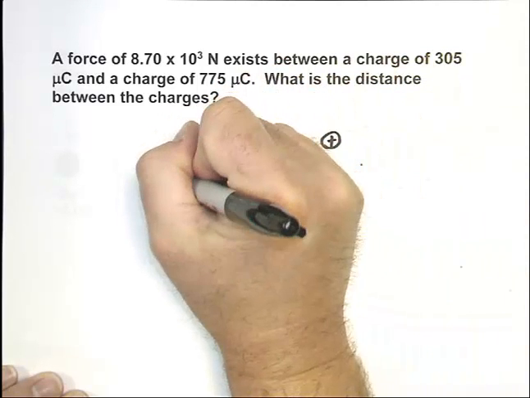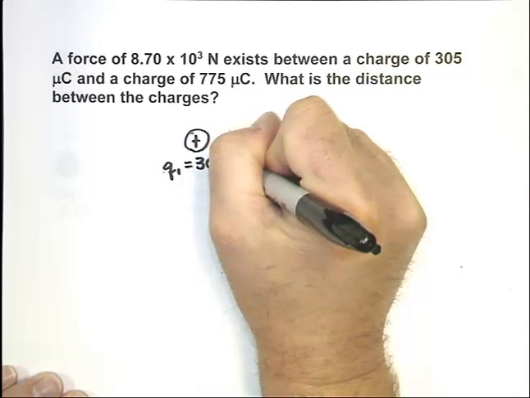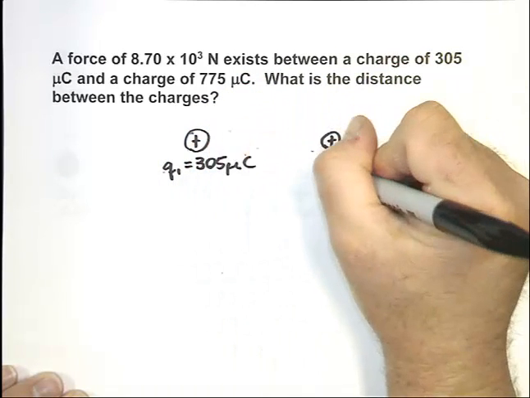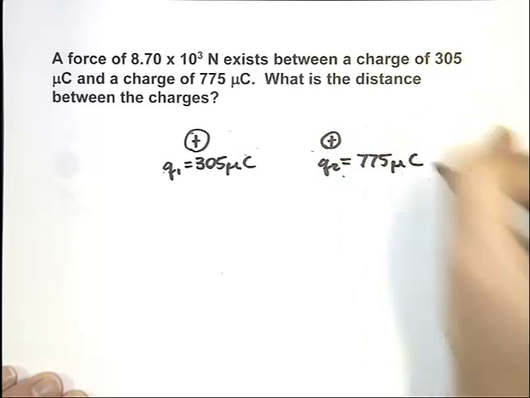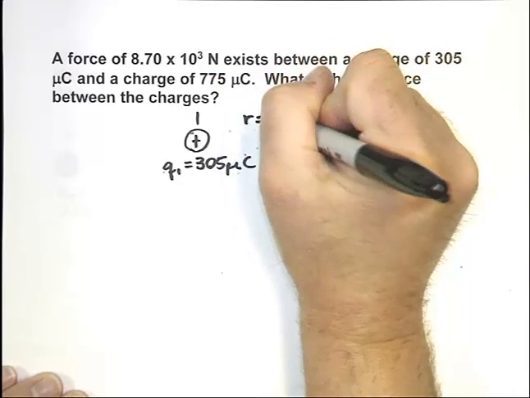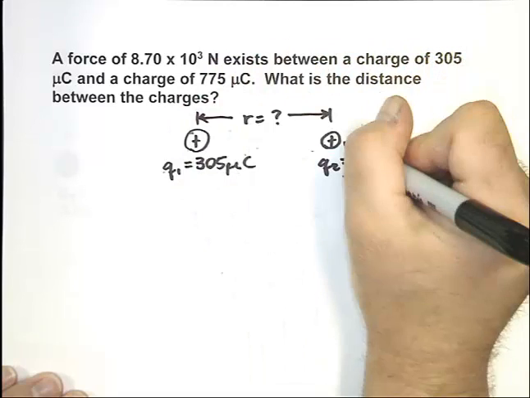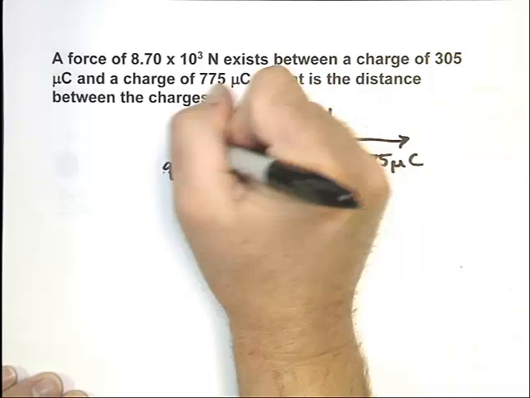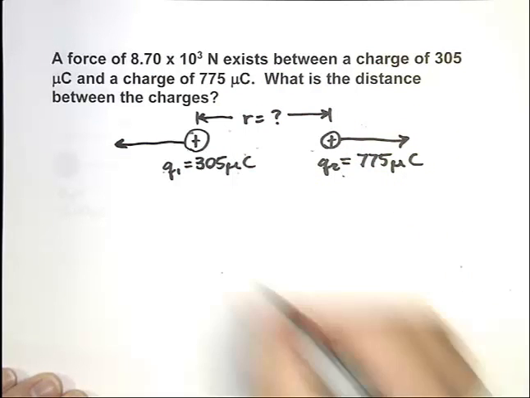Okay, Q1, 305, Q2, 775, both in microcoulombs. The distance between them is unknown. The force on them is repulsive. They push each other away.